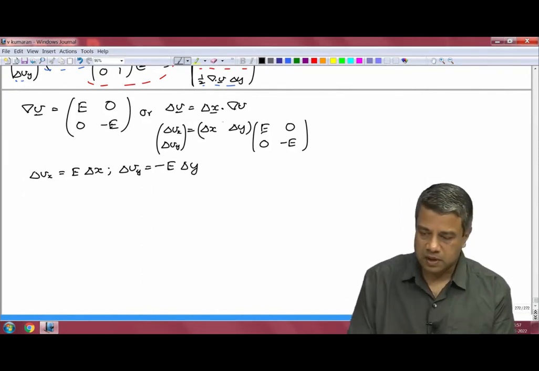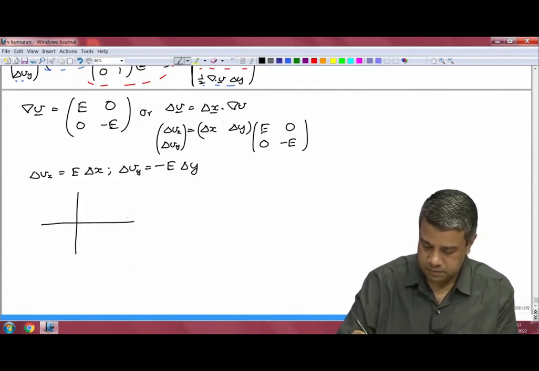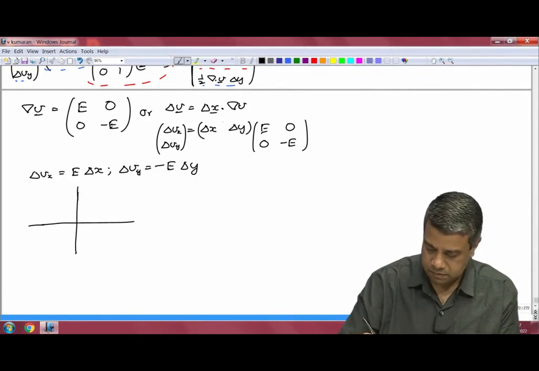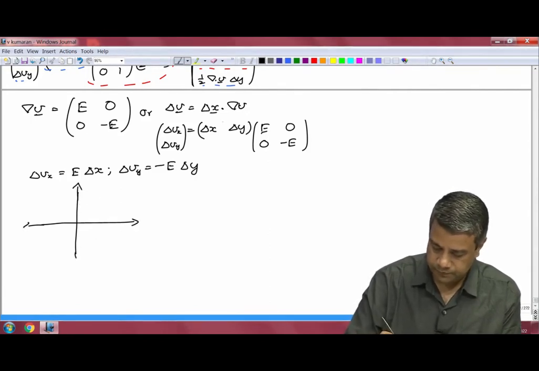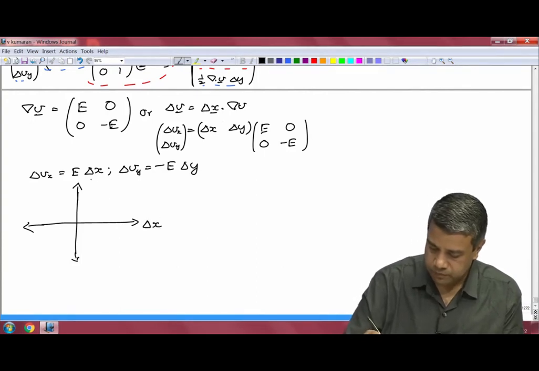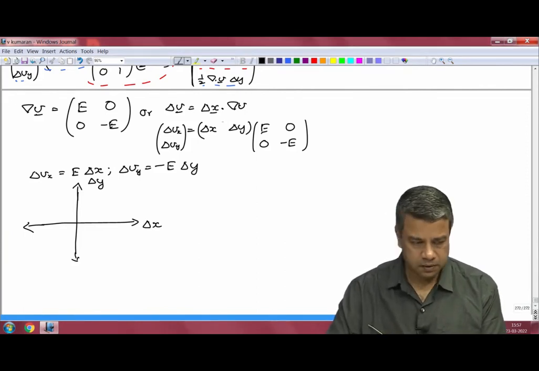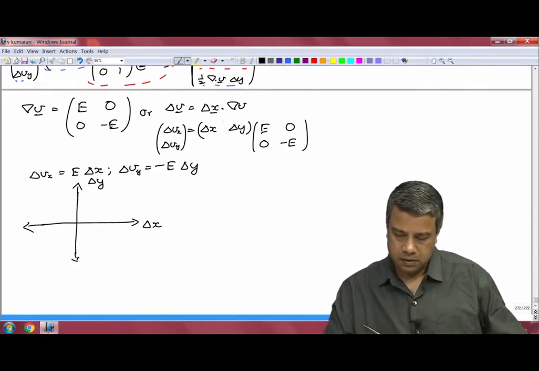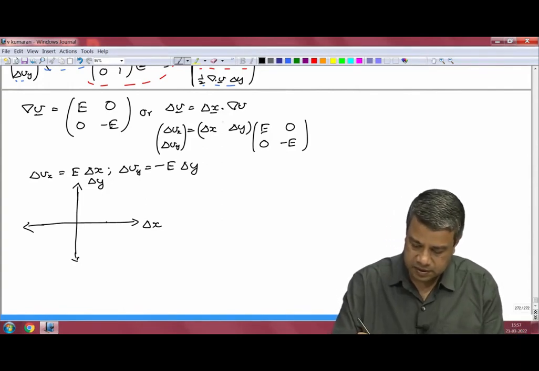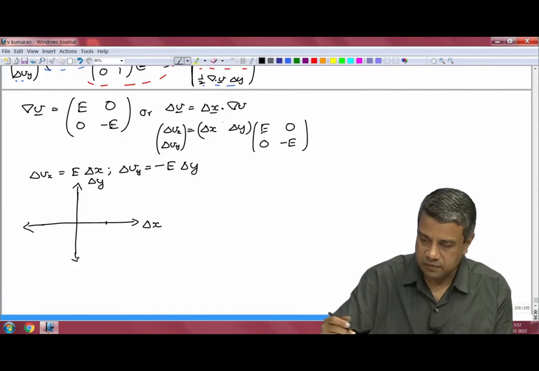And let us examine what kind of deformation this represents. If I go a small distance in the plus x direction, delta V x is equal to E times delta x and delta V y is equal to 0.